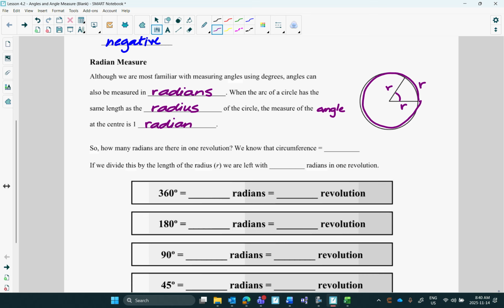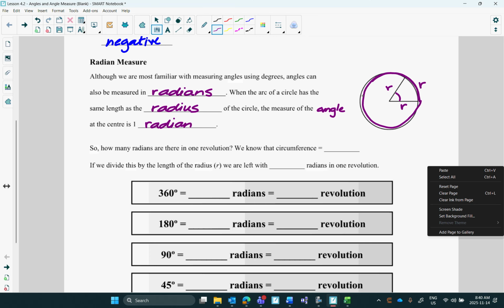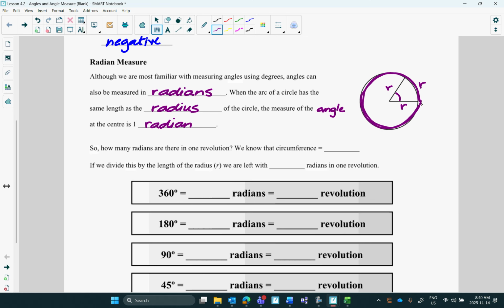Well, if you think about it, this is also the circumference. What's the formula to find circumference? Do you remember? It's been a while. 2 pi r, I heard. Yeah, 2 pi r.